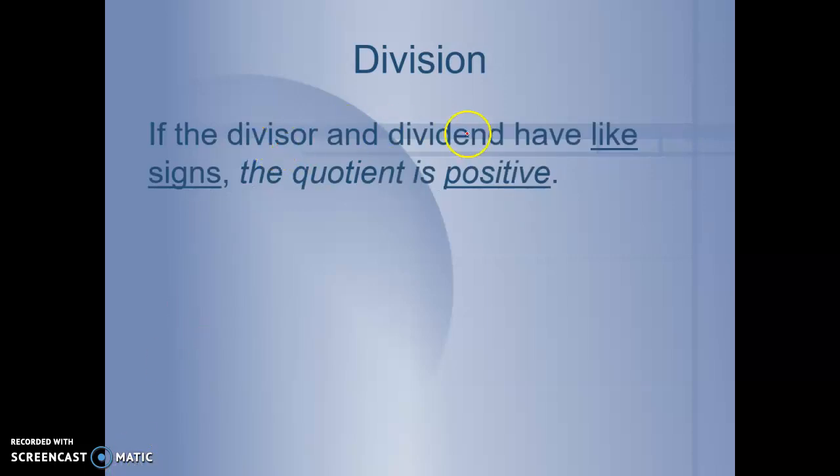If the divisor and the dividend have like signs, then the quotient is positive. So in our example here, our dividend had a positive sign, our divisor had a positive sign, and therefore our quotient, 72, also had a positive sign.